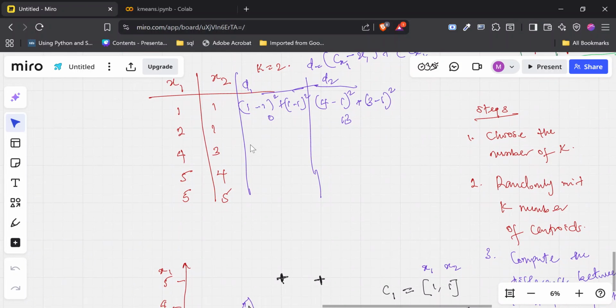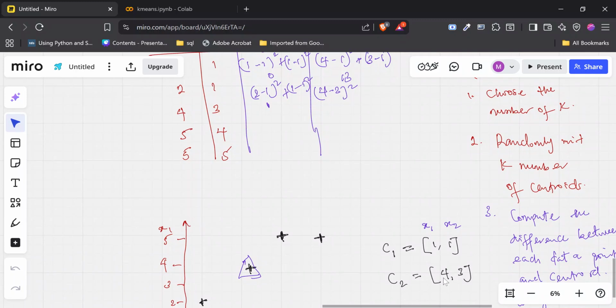This second one is going to be 2 minus 1, plus 1 minus 1 squared. So 2 minus 1 is 1, and this is going to be 0. So this is 1. Then this is going to be 4 minus 2 squared, because C2 is 4.